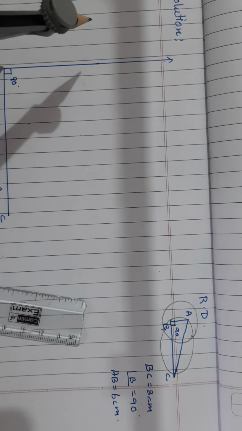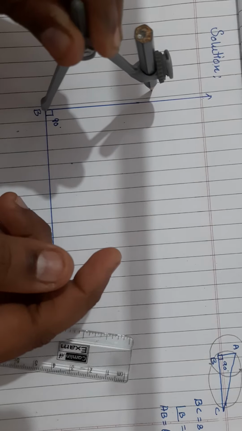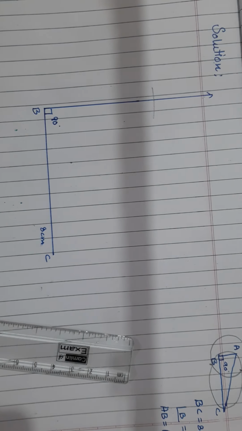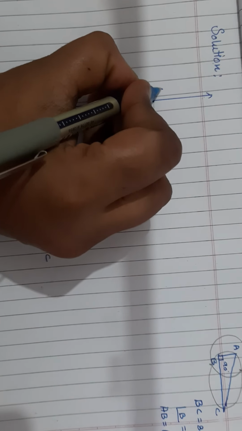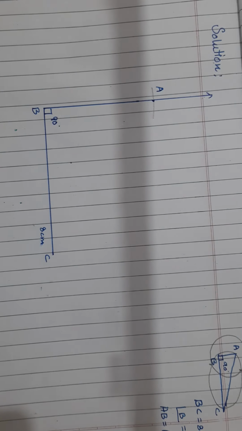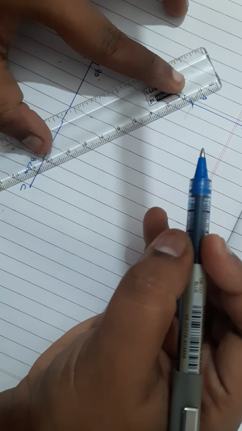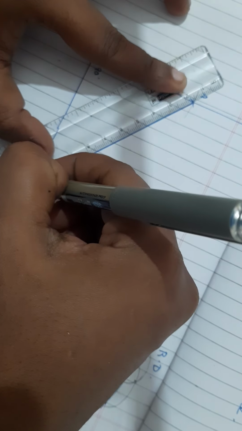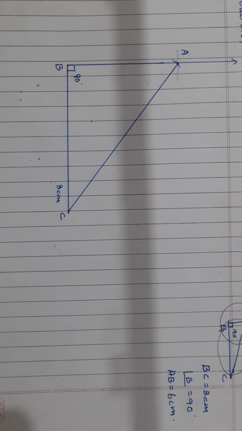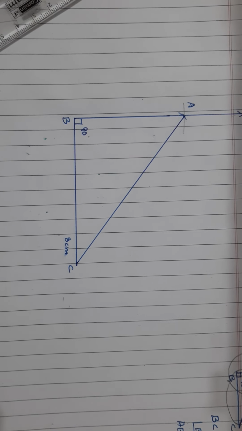Okay, so keep your needle in point B, cut one slight arc, so you will get the point A. Then join the point A and C. Join the point A and C.